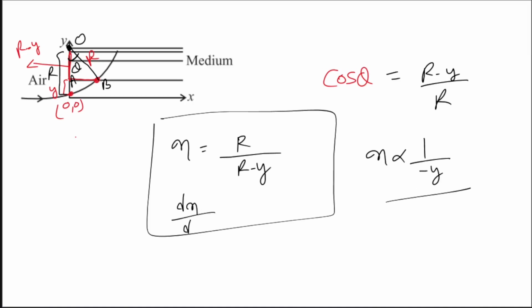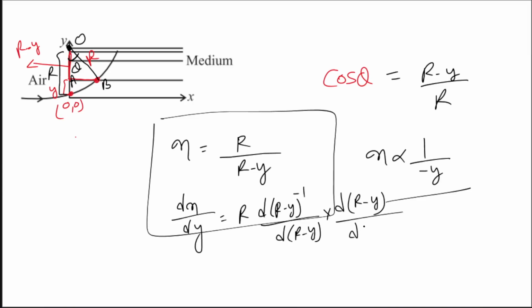So dn by dy, if you calculate, R is the constant. So d of (R minus y) to the power minus 1 by dy. I am doing this in layman terms so that everyone can understand.